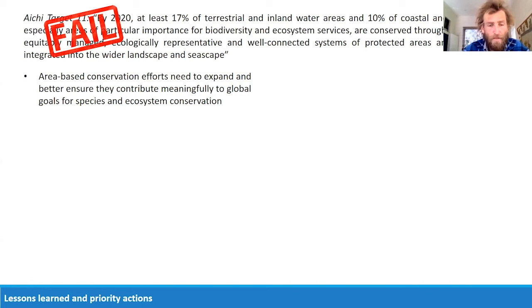And these goals range from just stopping extinction, getting the last of the habitat for species that are really under pressure, and ranging all the way out to keeping systems intact.